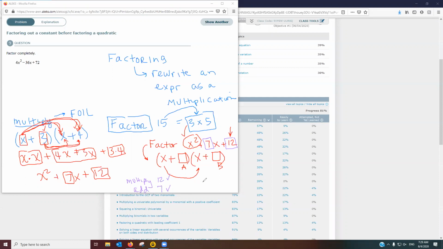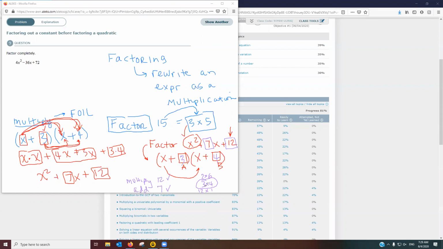Well, when I think about numbers that multiply to 12, the only options I would have are 2 times 6, 3 times 4, or 12 times 1. But there's only one choice where the numbers add to 7. That's this 3 and 4. So that's how I know to put 3 and 4 in these parentheses.